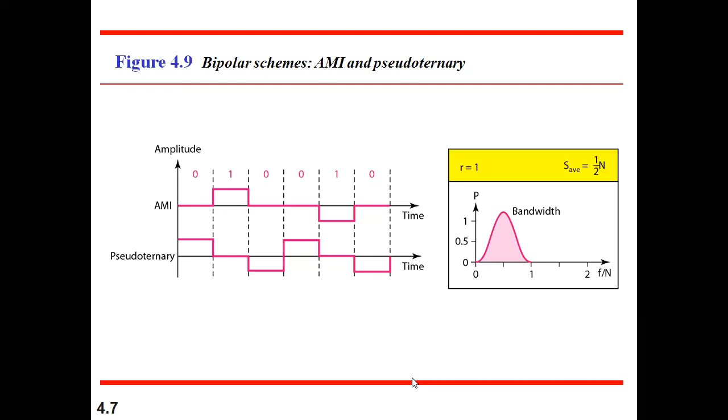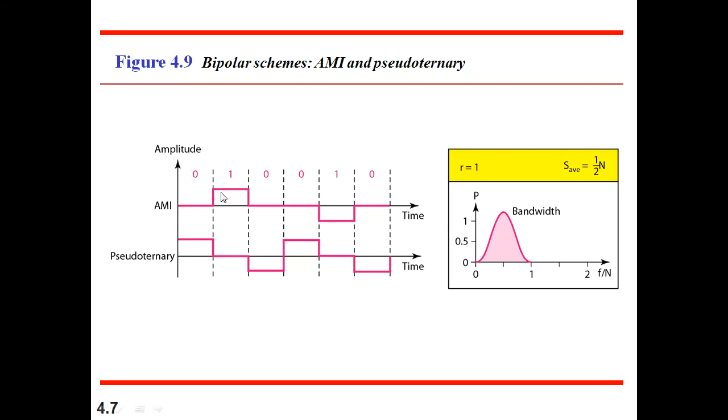You can observe we have the input data bits 0 1 0 0 1 0. In AMI, alternate mark inversion, whenever there is a 0 bit, it takes the zero voltage, whereas whenever there is a 1, it will take the positive voltage. You can see in the diagram that whenever a 1 appears, it changes from positive to negative, negative to positive.